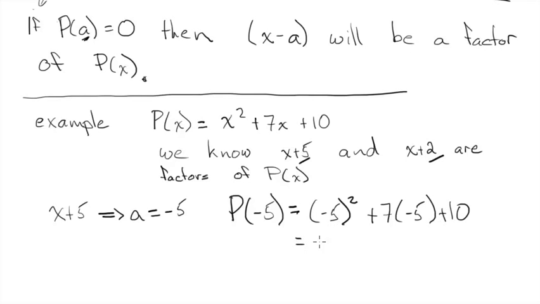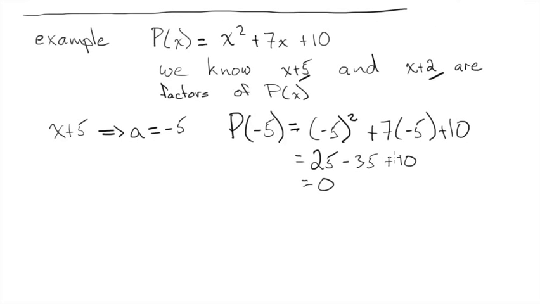So negative 5 squared is 25. 7 times negative 5 is negative 35, plus 10. Lo and behold, it is 0. And it should work for the other factor too, right? For the factor of x plus 2, a was equal to negative 2.